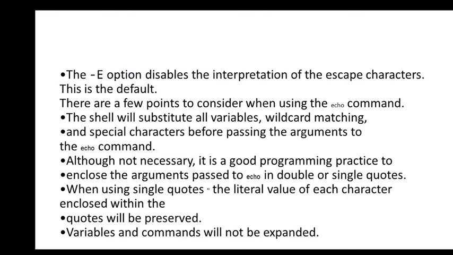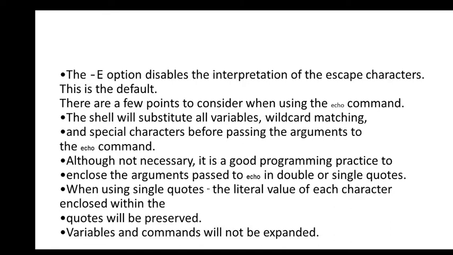The -E option disables the interpretation of escape characters. This is the default. There are a few points to consider when using the echo command. The shell will substitute all variables, wildcard matching, and special characters before passing the arguments to the echo command.